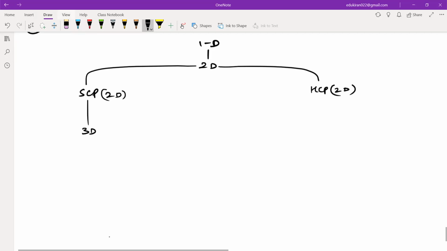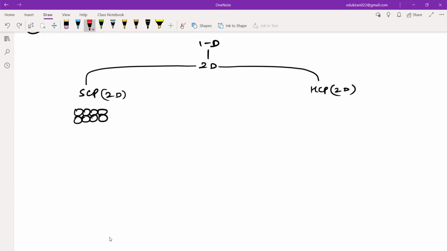So you know that square close packing is going to be this one. Atoms under atoms, right? Now what I can do, I can place another atom just on top of this atom, so I'm adding height now. We have laid these atoms on the floor and then we are adding atoms. So we are adding height here.